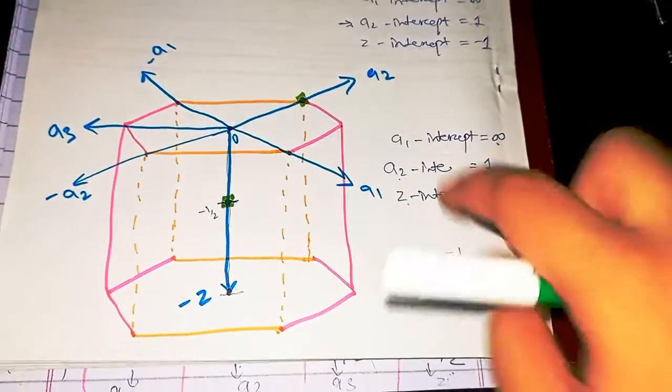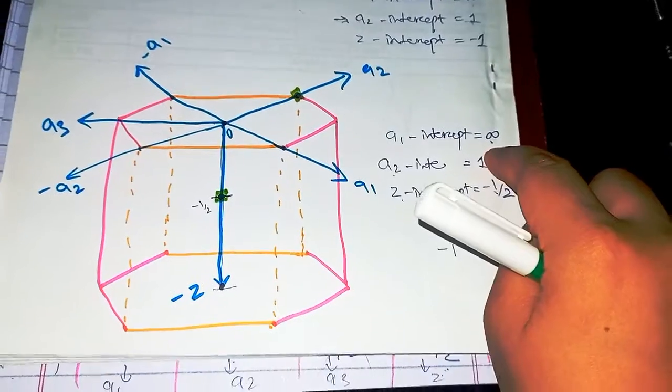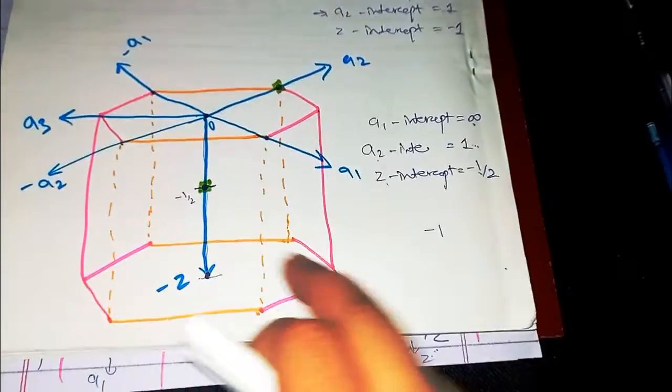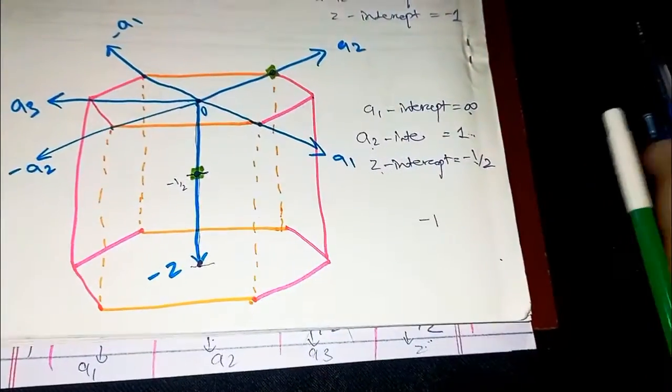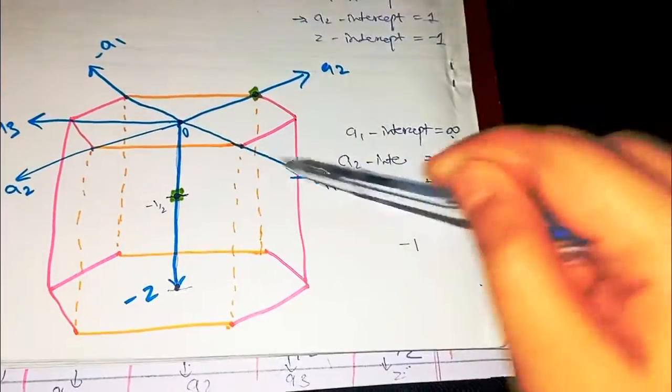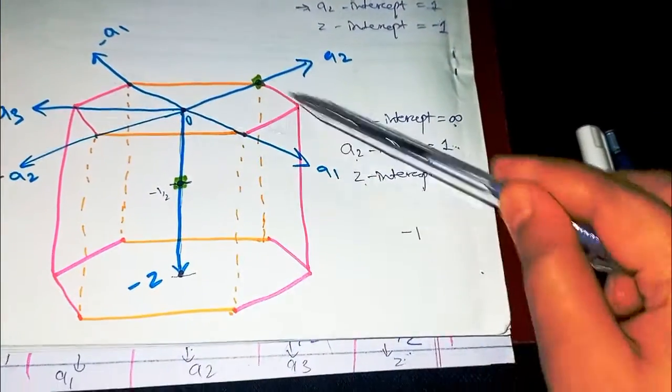Alright, and we can see here that the a1 intercept is infinity. Again, it's a kind of similar situation to this one, but the z intercept was different. And we can see where the a1 direction is. We can see this diagonal line is the a1 direction.